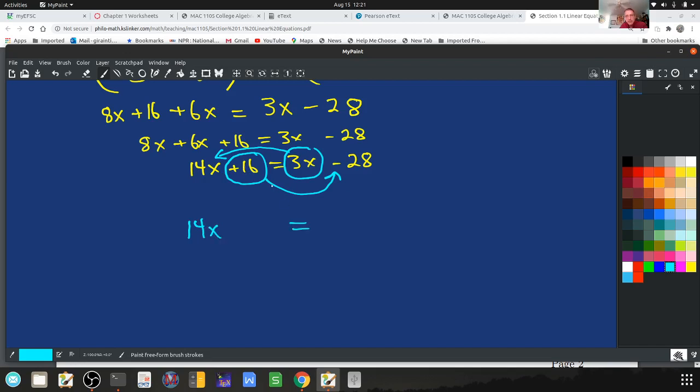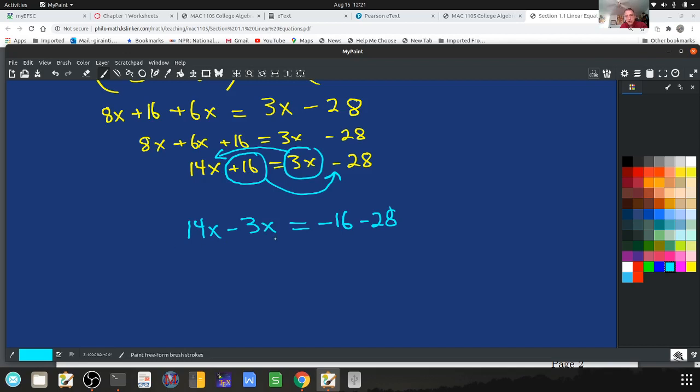I can move the 16 to the other side. The price I have to pay for that move is it changes its sign. The 28 stays. When I move the 3x to the other side, I can do it, but the price it pays is the sign has to change.